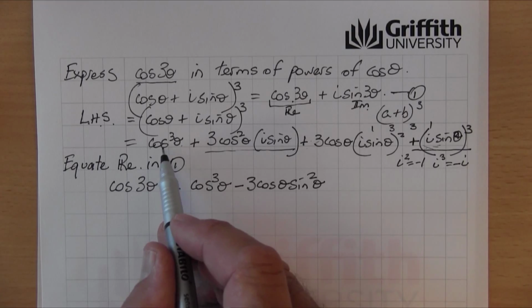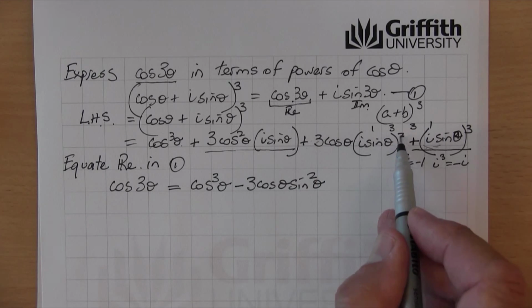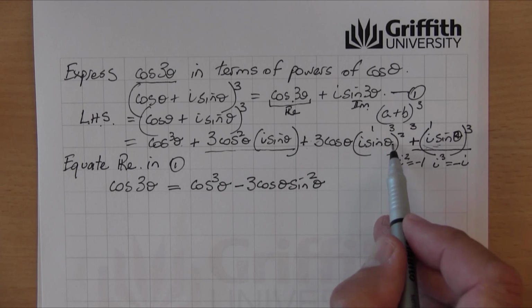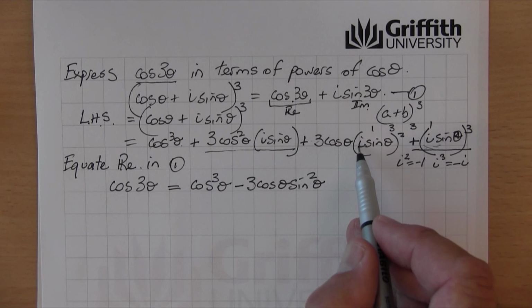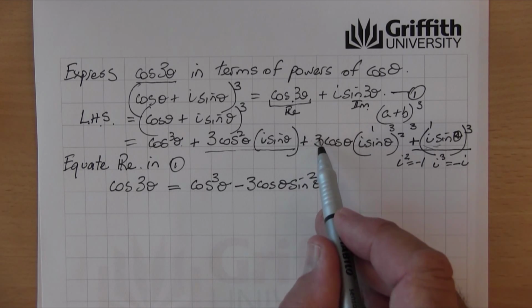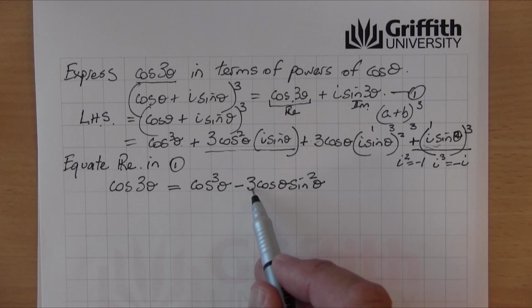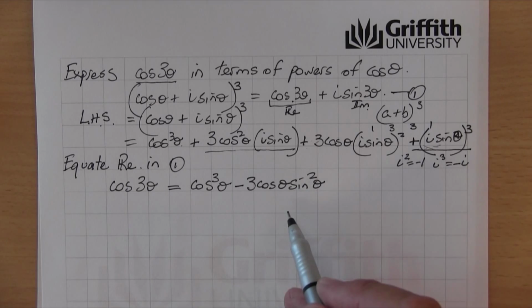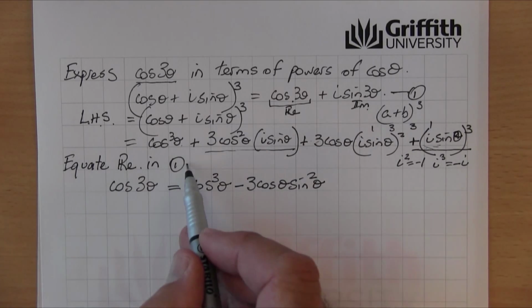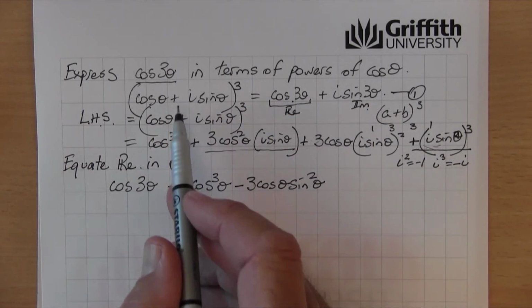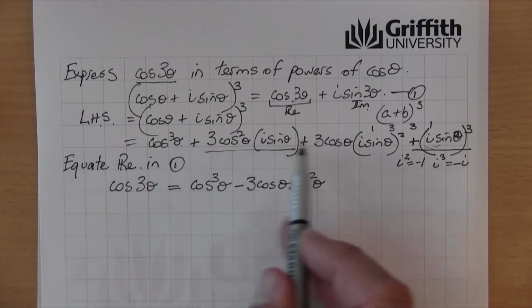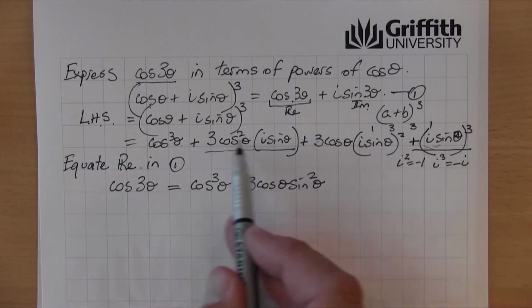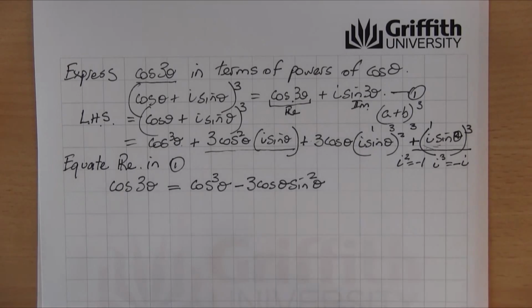That one's a real, obviously. This one here, when you square i sine theta, you get i squared sine squared theta. i squared is negative 1, which means that instead of plus 3, it becomes minus 3 cos theta, and then when you square that you get sine squared. So we've equated the reals, we've expanded that right hand side and then used just the reals of that to come up with those two terms.